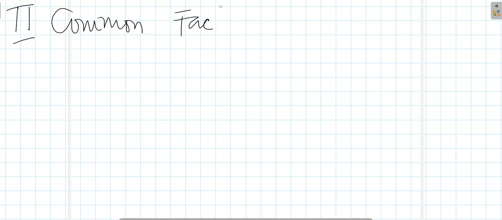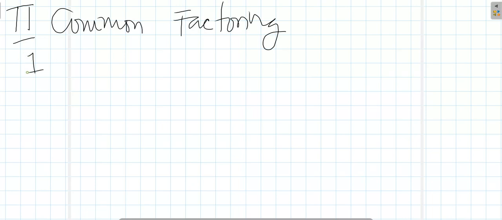So this is how to multiply polynomials. And then, Roman numeral 2, we are going to factor using common monomial factoring.